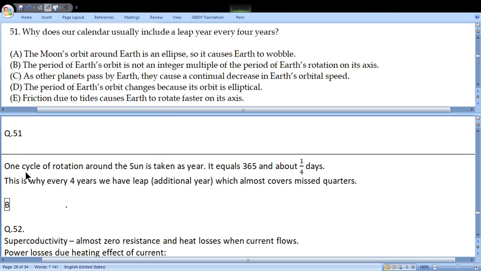This is why every 4 years we have an additional leap day, which almost covers the missed quarters. Which choices we have? The moon's orbit has nothing to do with it. The period of Earth's orbit is not an integer multiple of the period of its rotation. So it's not 365, it's not 366, it is in between. So we choose B.